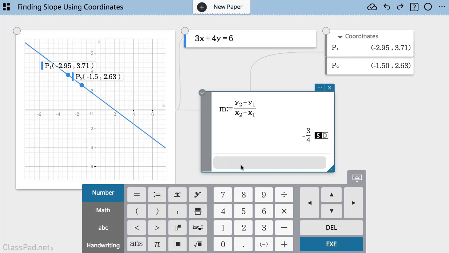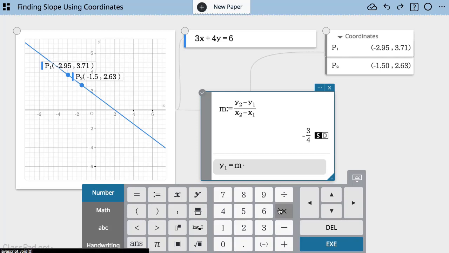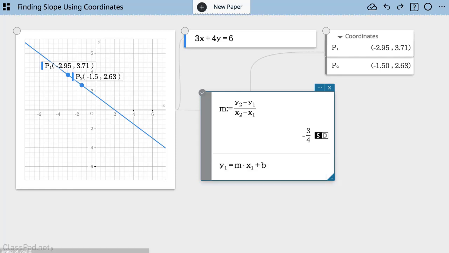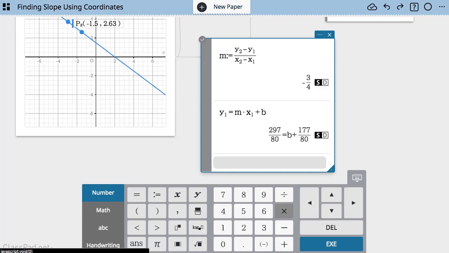Another neat thing I can do next is enter my equation in y = mx + b form and find that b value. So I'm going to type y sub 1 = m times x underscore 1 + b. Hit execute, and there is my b value.